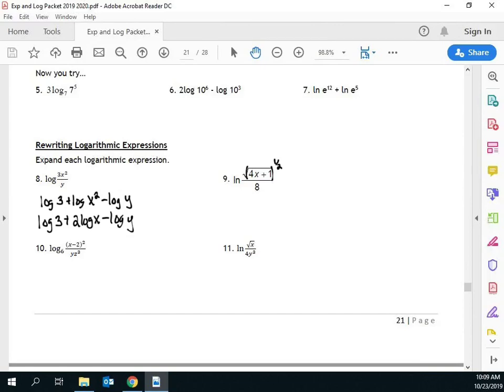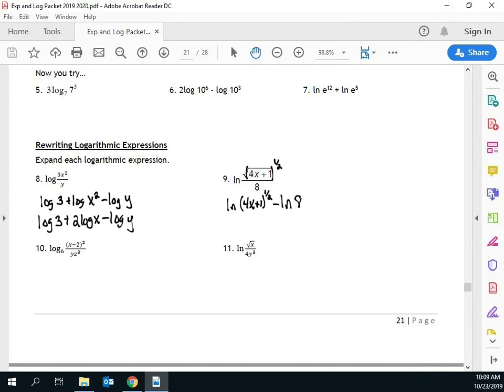And that's all together in parentheses, correct? So that whole thing is going to stay together. When I expand it out, I'm going to keep that 4x plus 1 together. It can't get separated. And then what do we do to finish this off?